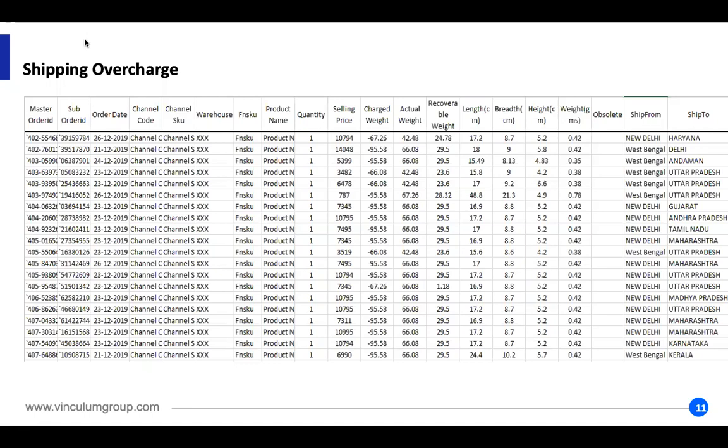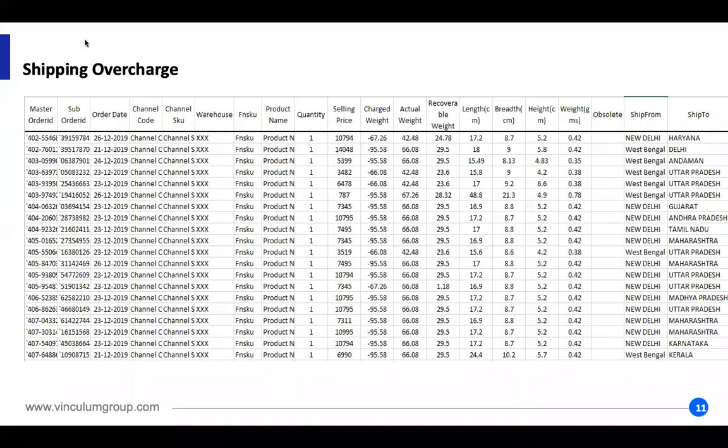However, just next to it, you will see that this particular order was falling under a category and in a zone where only 42 rupees was supposed to be deducted, whereas you have been deducted 67 rupees against it. Hence, 25 rupees has to be recovered from the marketplace for this order ID, where you have been overcharged.